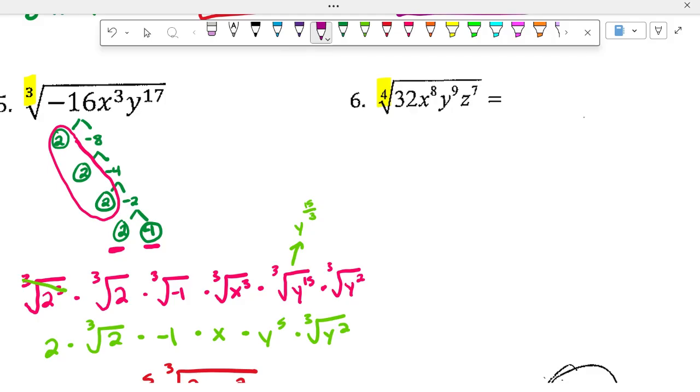And what number? Okay, 2 and 16, 2 and 8, 2 and 4, 2 and 2. How many groups of 4? 1. It's just one set of the 2s. I have this one left over.